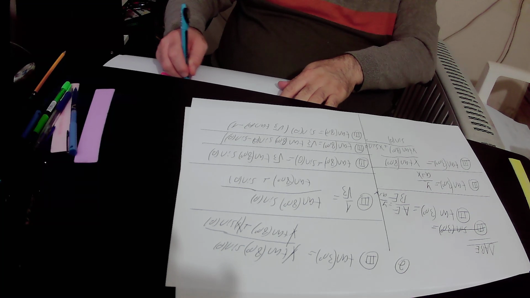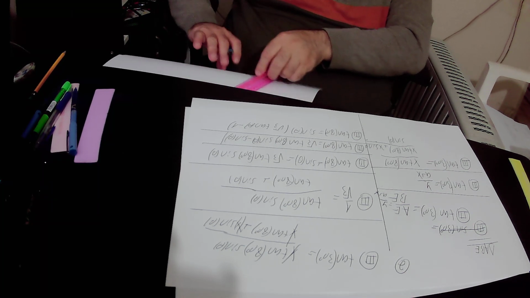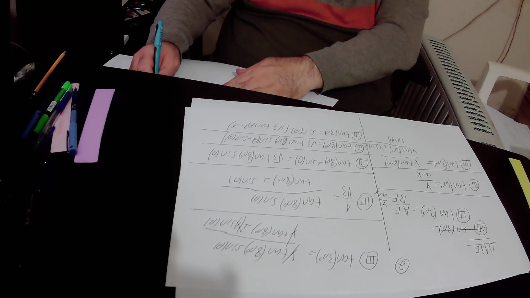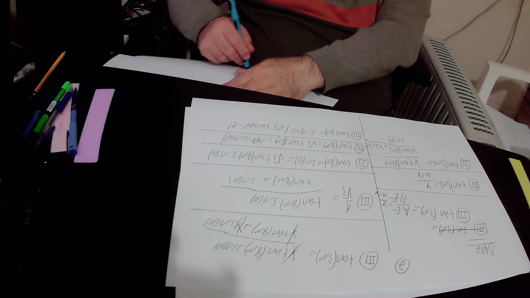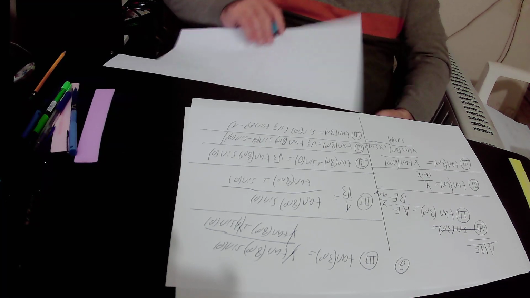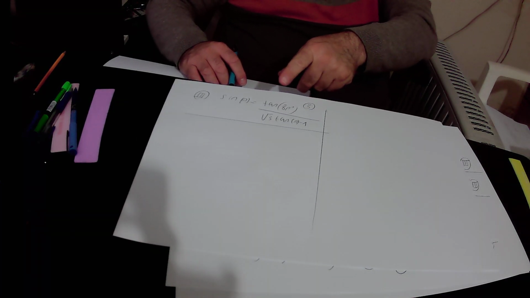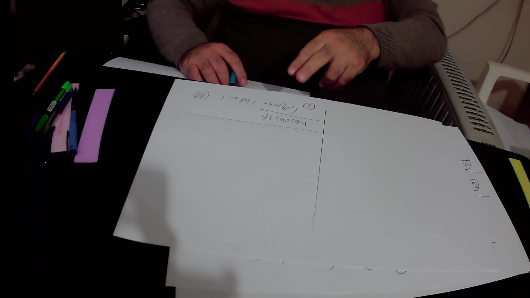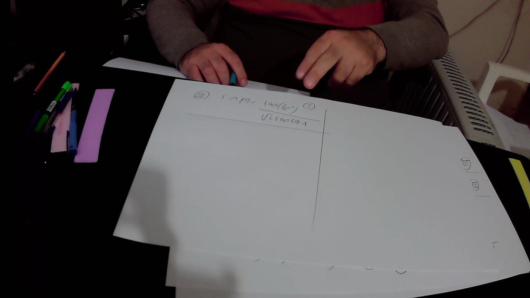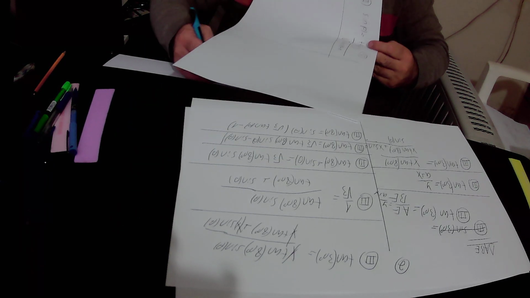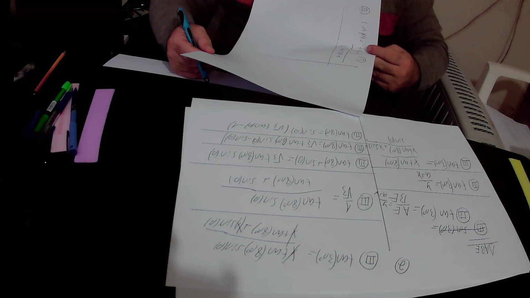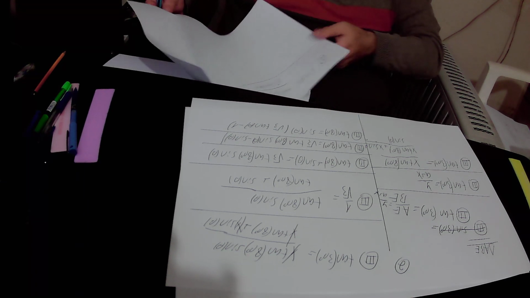I repeat again. We found out that sine theta equals tangent 80 degrees over square root of 3 times tangent 80 degrees minus 1.